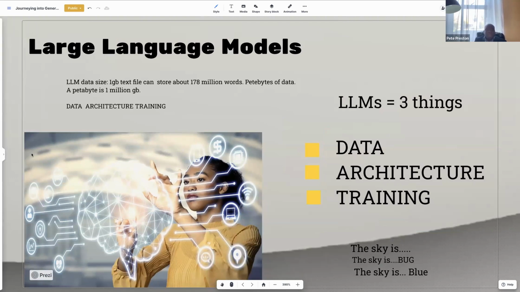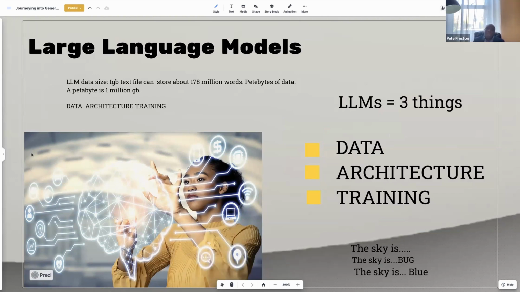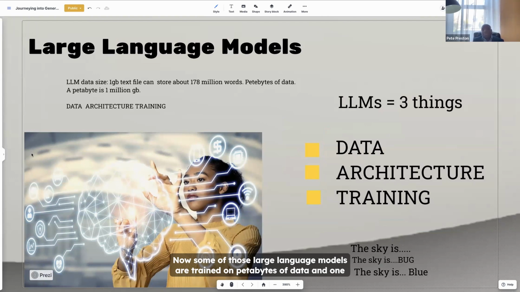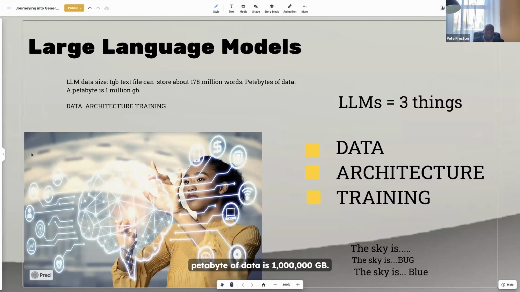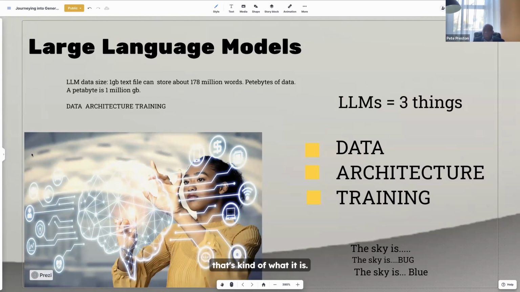When we say, for instance, that a gigabyte of text file can store about 178 million words, some of those large language models are trained on petabytes of data. And 1 petabyte of data is 1 million gigabytes. So when they say large language models, they really mean that.